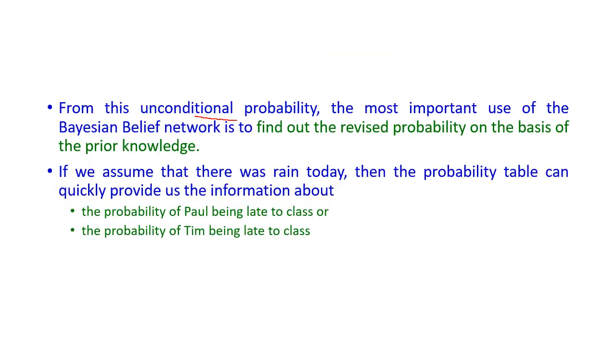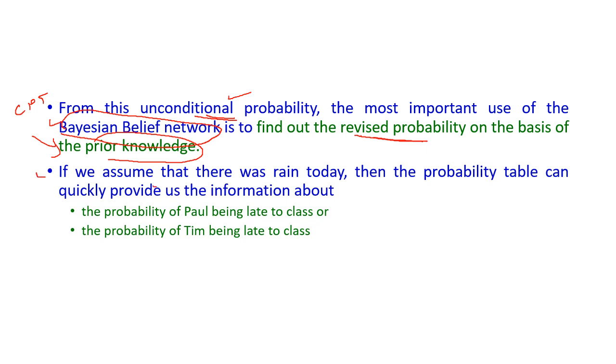From this unconditional probability, the most important use of a Bayesian belief network is to find the revised probability on the basis of prior knowledge. The prior knowledge is already given in the conditional probability table itself, isn't it? By using this conditional probability table, we can easily find the probability values of the dependent variables.